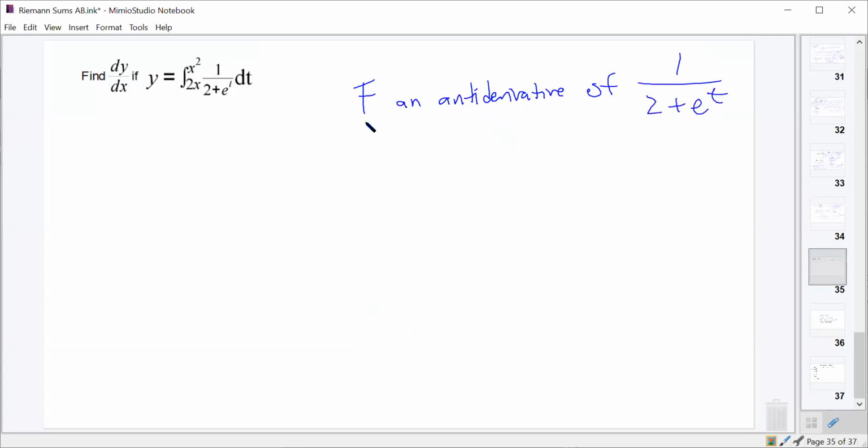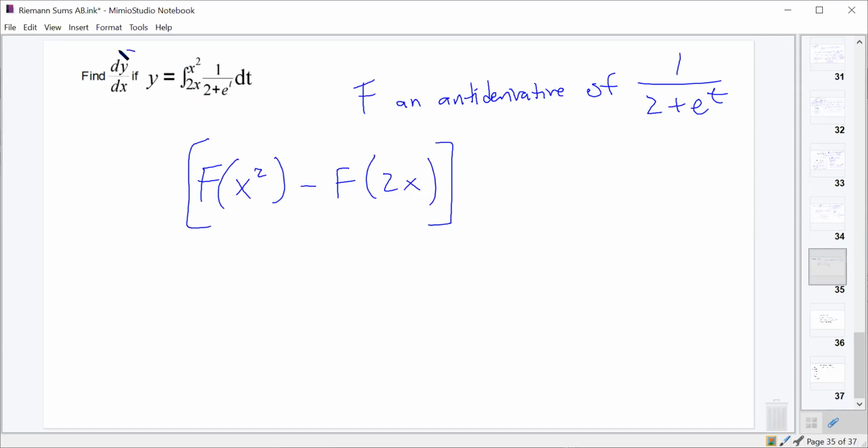So if capital F is the function that represents an antiderivative of this, then the integral from 2x to x squared of this ought to be capital F of the upper limit minus capital F of the lower limit. And we want to find the derivative of that.